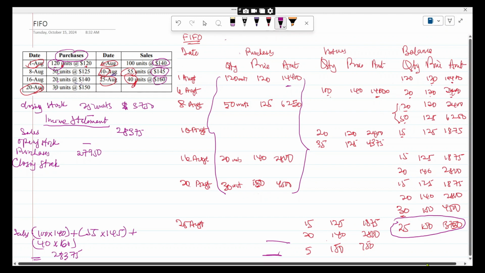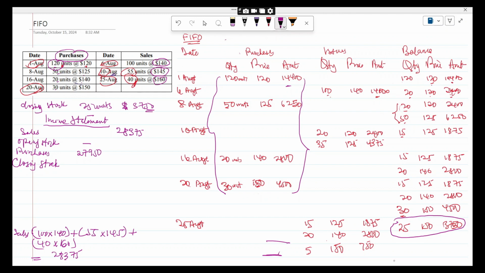Our closing stock here, we got 3,750. So let's subtract from here: 27,950 minus 3,750. That will give us 24,200.